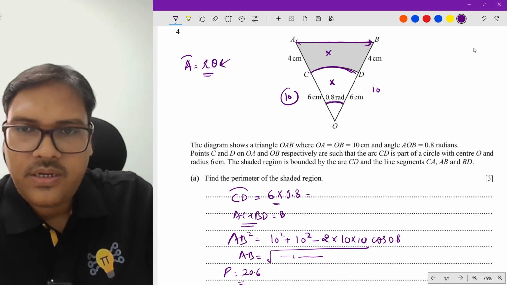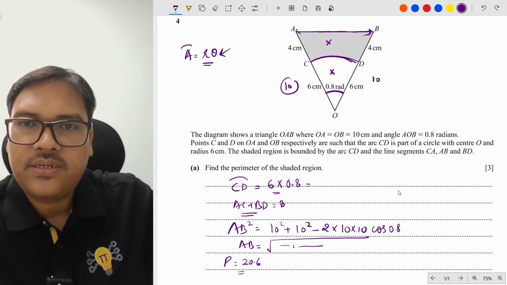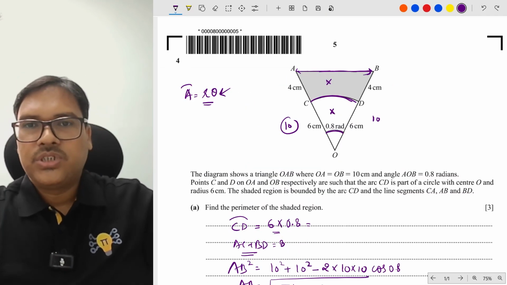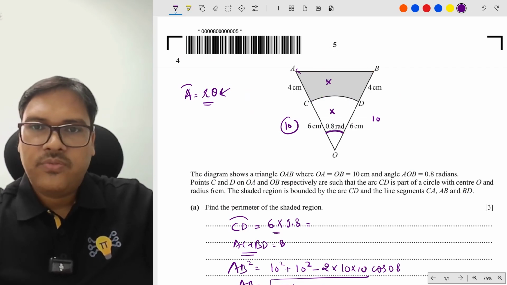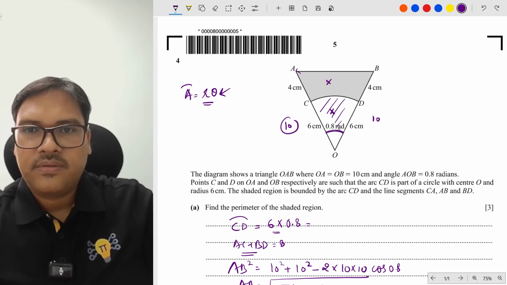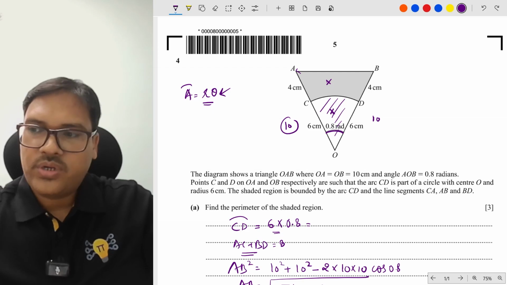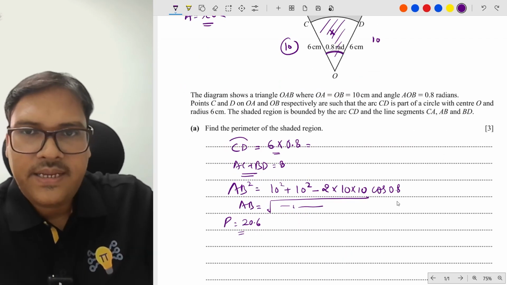Okay. Now the next part of the question, find the area of the shaded region. How will you find the area of this shaded region? You can write the area of this triangle, and from this you can just remove the area of this sector. Again, this is a pretty simple question. What is the area of the triangle?